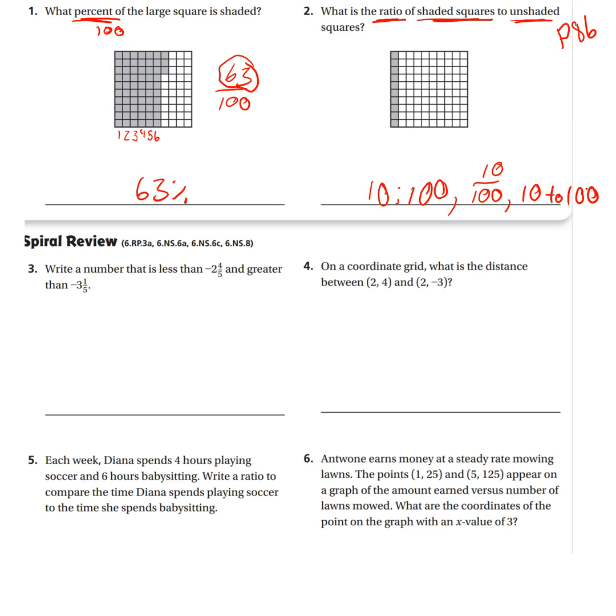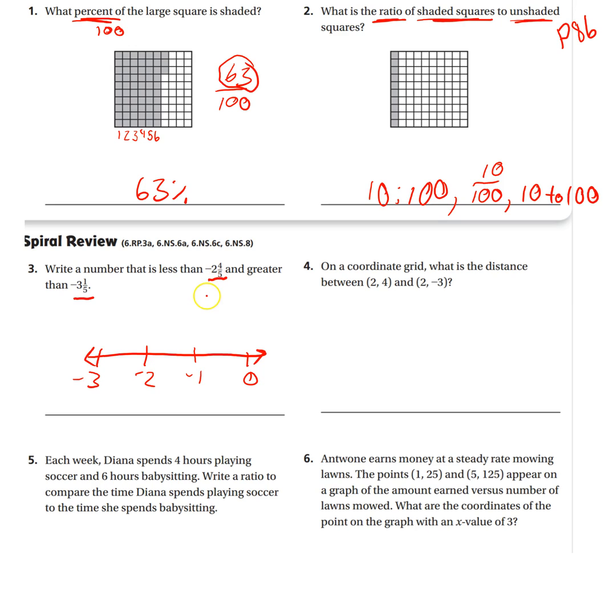Okay, number 3, write a number that is less than negative 2 4/5 and greater than negative 3 1/5. So I'm going to make a number line to help me with this one. All my numbers are negative, so I'm going to have 0 here, negative 1 as I go backwards, negative 2, and negative 3.